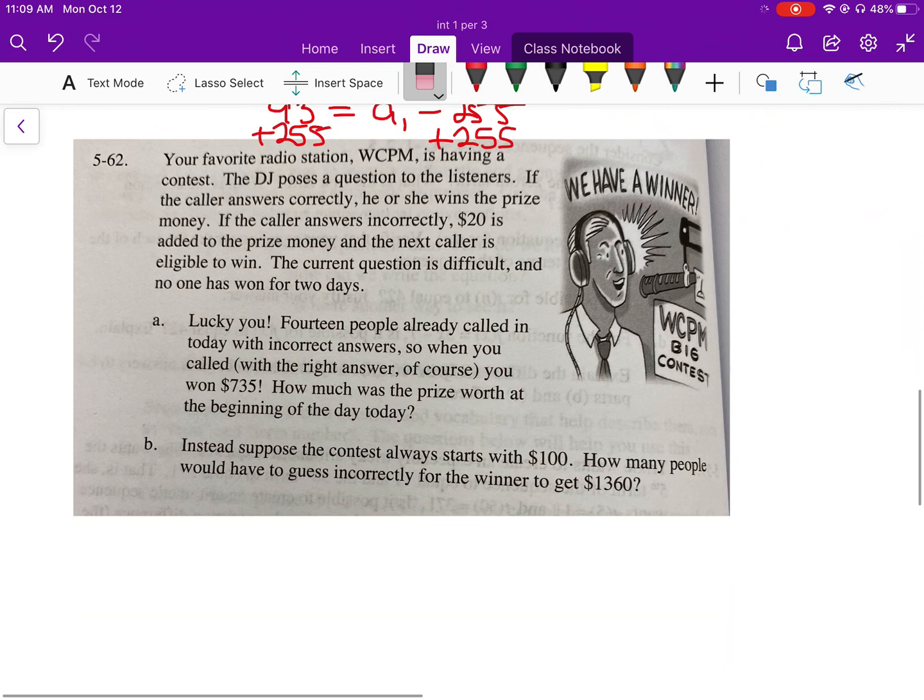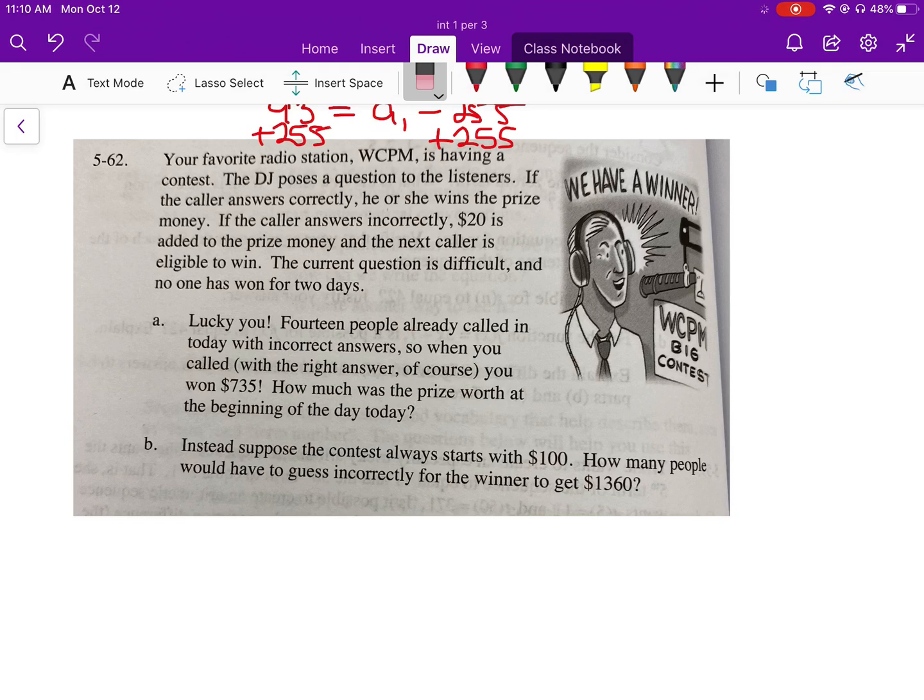62. Your favorite radio station, WCPM, is having a contest. If the DJ poses a question to the listeners, and the caller answers correctly, he or she wins the prize money. If the caller answers incorrectly, $20 is added to the prize money, and the next caller is eligible to win.